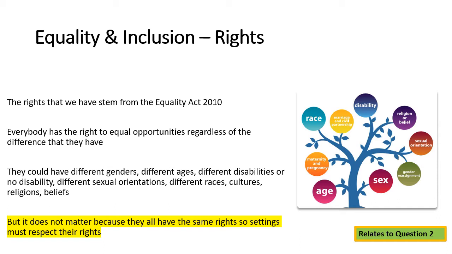And again, just to reiterate, they could have a different gender, different age, different disabilities or no disability, different sexual orientations, different races, cultures, religions, beliefs, but that doesn't matter. Everybody has a right, and settings must respect the rights.